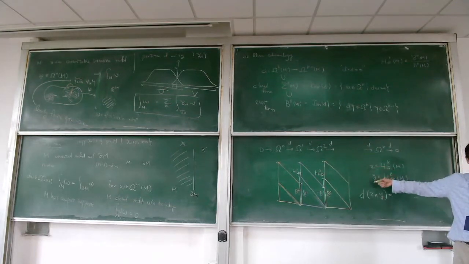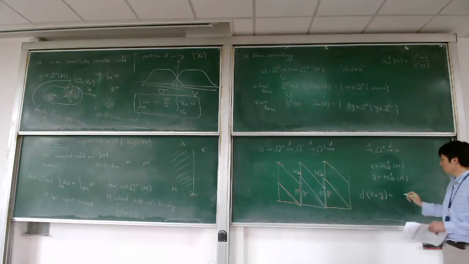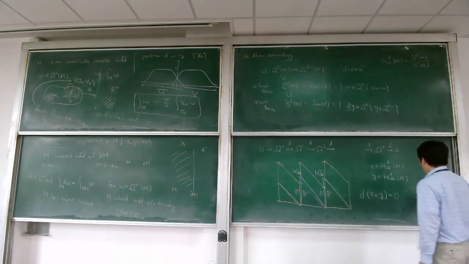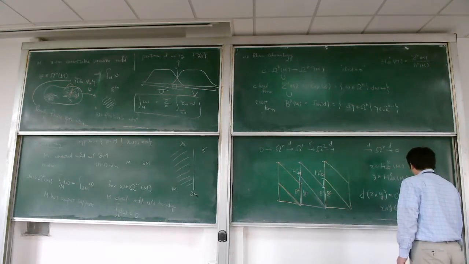Here you assume X and Y are elements of de Rham cohomology of degree k and l. Therefore, X wedge Y is also an element of de Rham cohomology of degree k plus l.